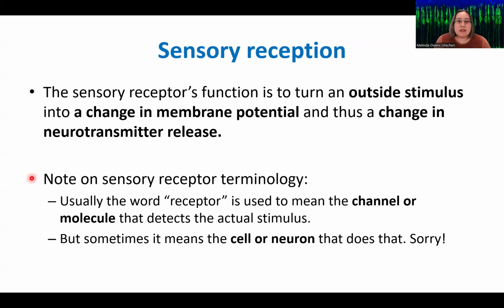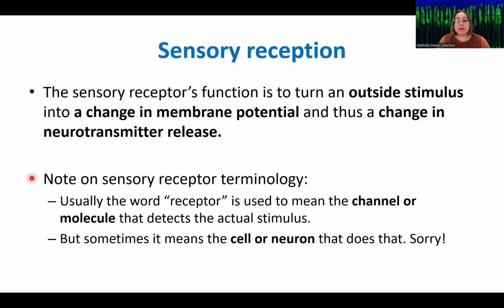However, in certain cases, especially in this case of sensory cells, it means the whole cell or neuron that does that. So we'll be talking about photoreceptors today. We're not talking about the one molecule that detects light. We're talking about the entire cell that detects light and sends that signal on. Just be aware that the word receptor can have both of these meanings.